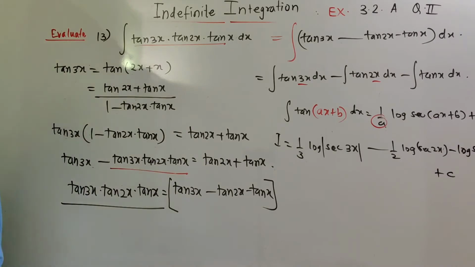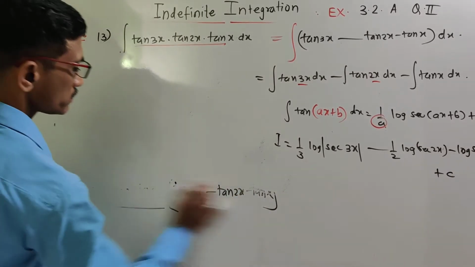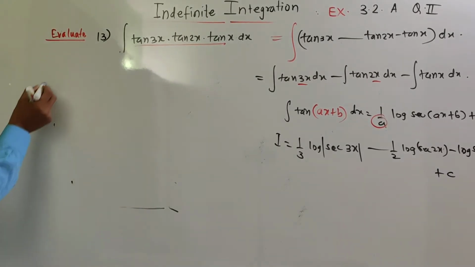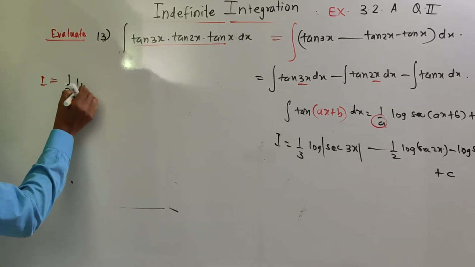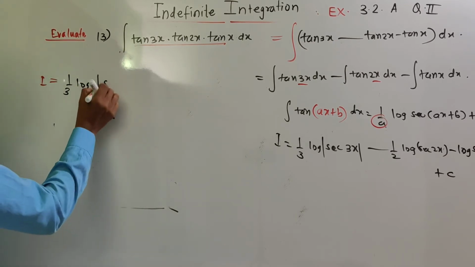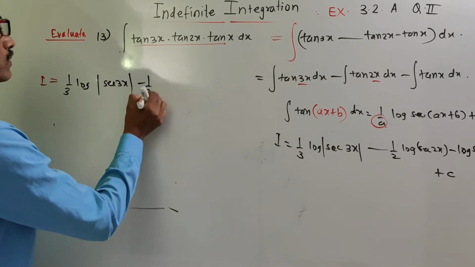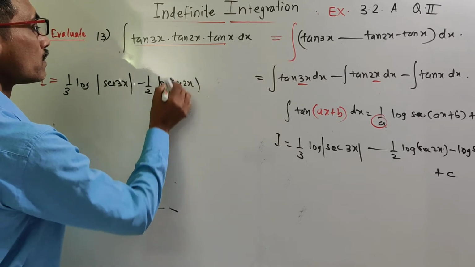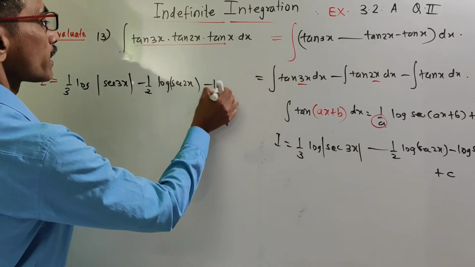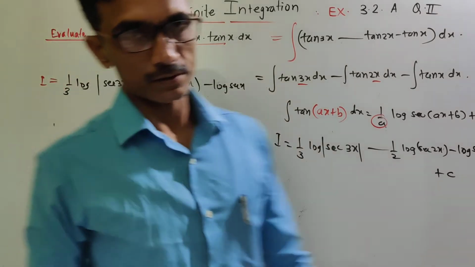That means our answer will be: integral I is 1 by 3 log of sec of 3x minus 1 by 2 log of sec of 2x minus log of sec x plus c constant of integration.